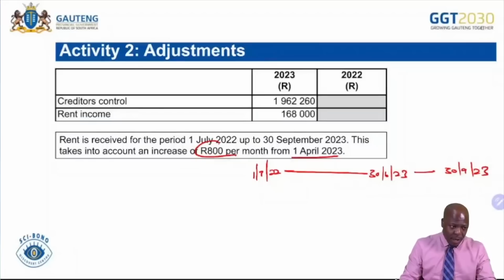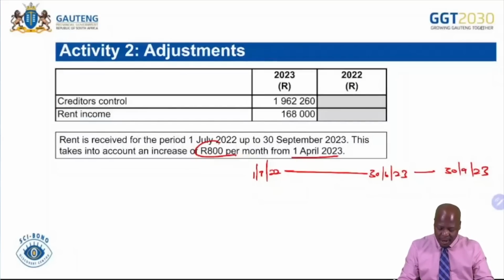Let's see. The months without increase start from the 1st of July 2022, and it increased on the 1st of April. So from July until 30 March 2023, these months are without increase, and those will be your 9 months.